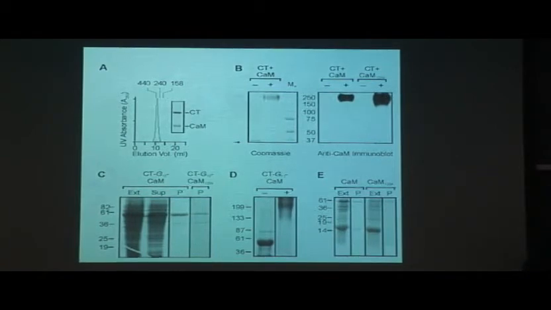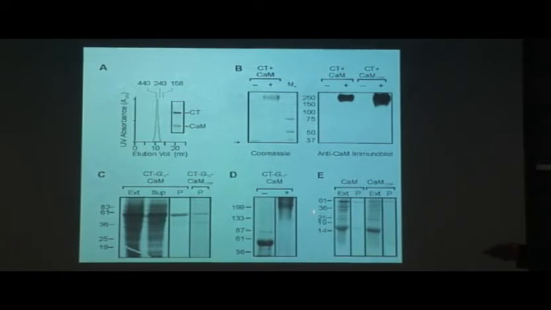But even still, we weren't certain of the stoichiometry. So what we wanted to do was determine whether one calmodulin was sufficient to generate this complex. Using this kind of linker strategy, we made a C-terminus with a flexible glycine linker linked to calmodulin, and we were able to generate purified fusion protein without co-expressed material. So it suggests that one calmodulin with one C-terminus is sufficient to generate this soluble material.